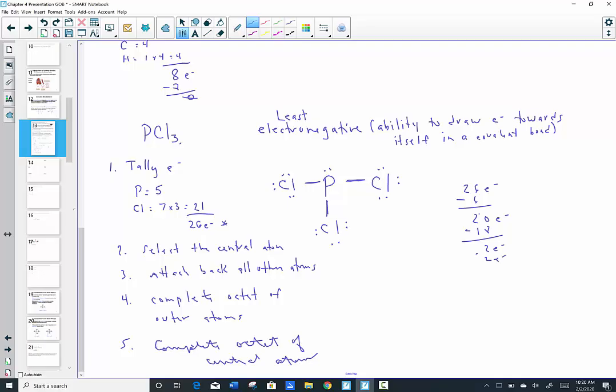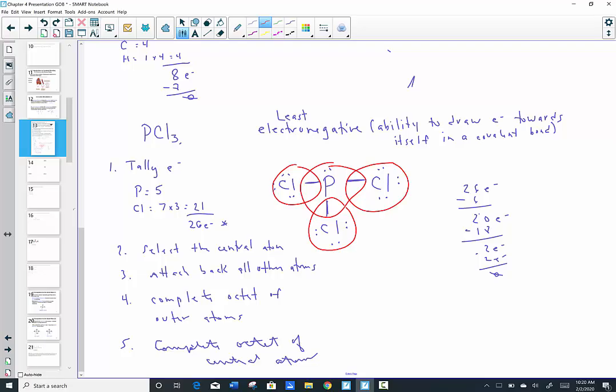We've used up our dots. And we've recognized that all of those atoms now have an octet. Here, the phosphorus, 8 valence electrons. Each chlorine, 8 valence electrons, with 3 single covalent bonds, each now with 8 electrons around it.